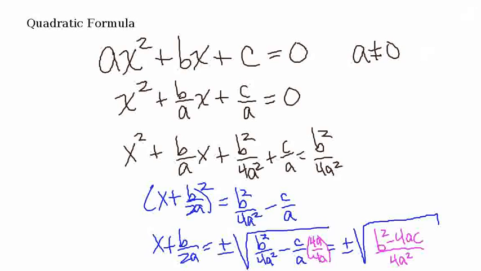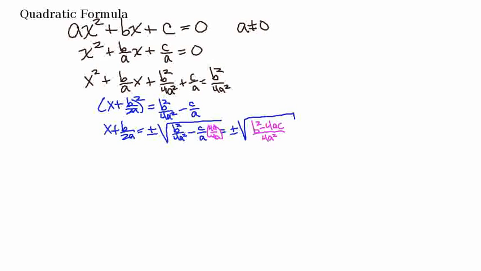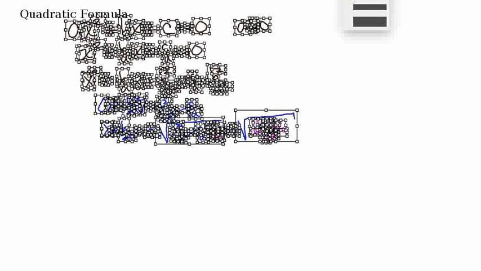Let's keep going. I hope you can see that the bottom is a perfect square. I can take the square root of 4a squared, and I don't need to have the bottom in a fraction. So let me fix it up a little bit more.